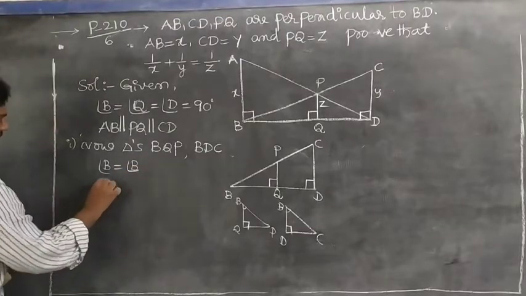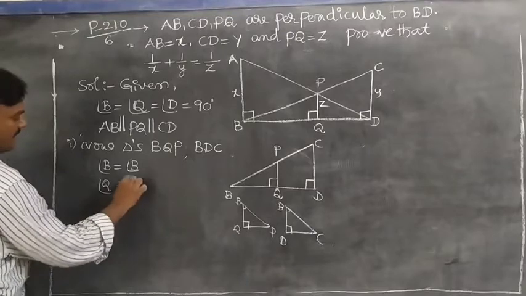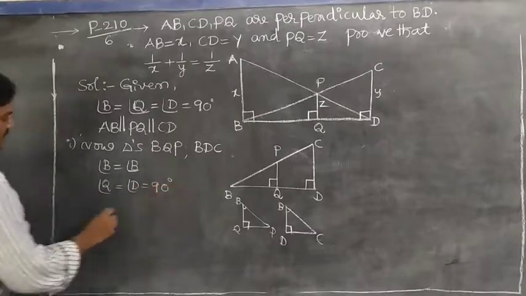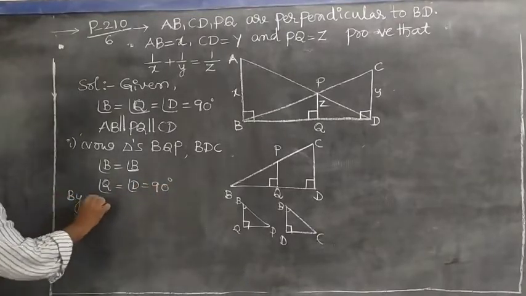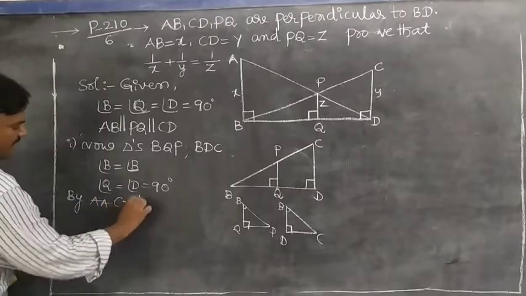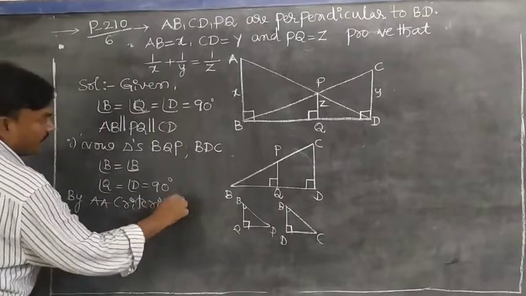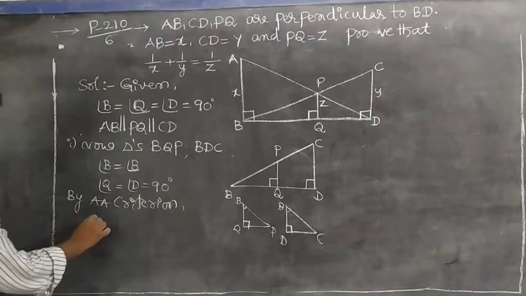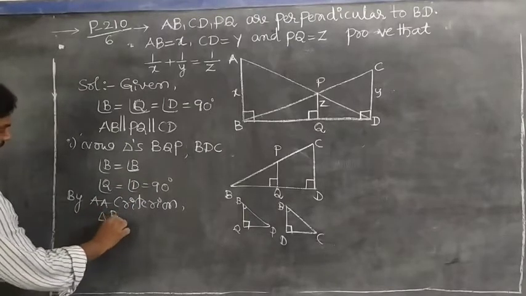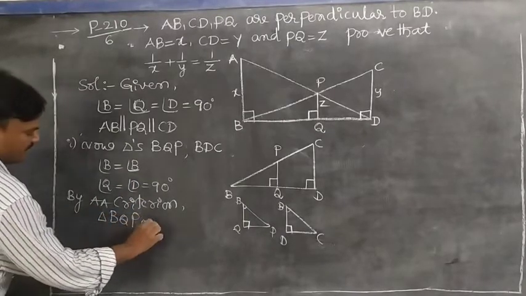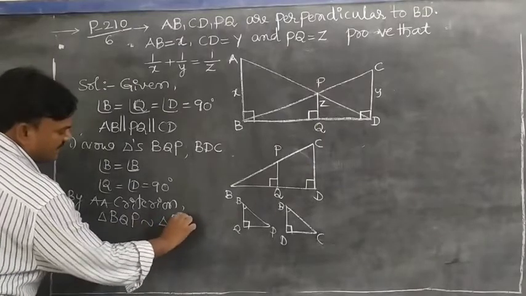And also angle Q equal to angle D equal to 90 degrees. So by the AA criterion, both triangles are similar to each other. Therefore, triangle BQP is similar to triangle BDC.